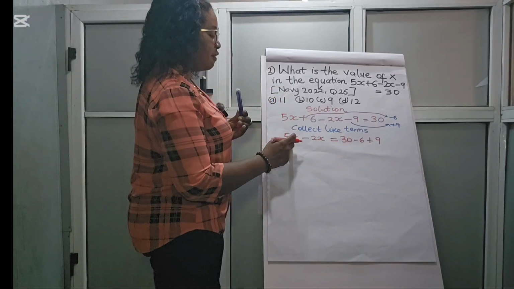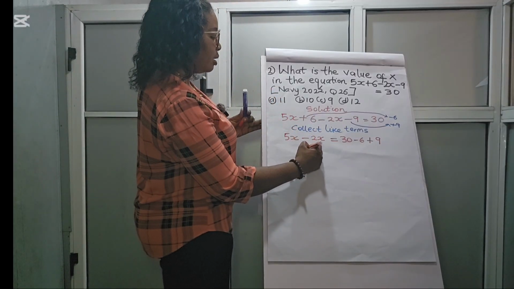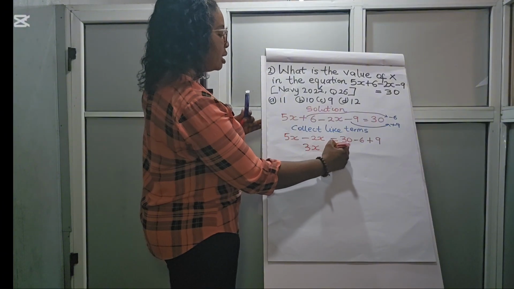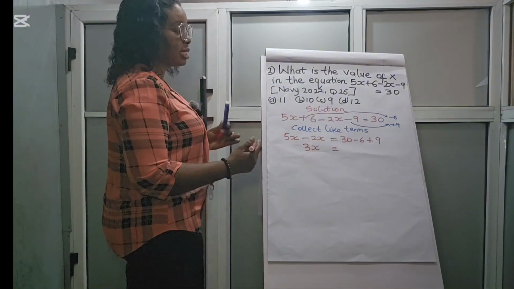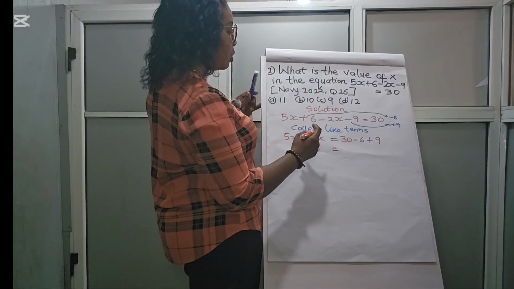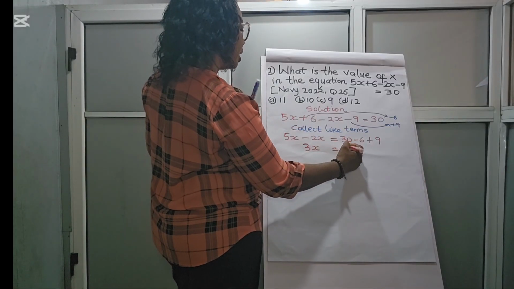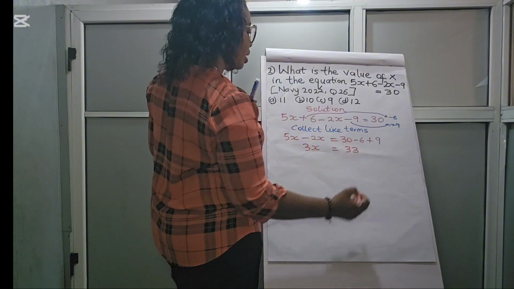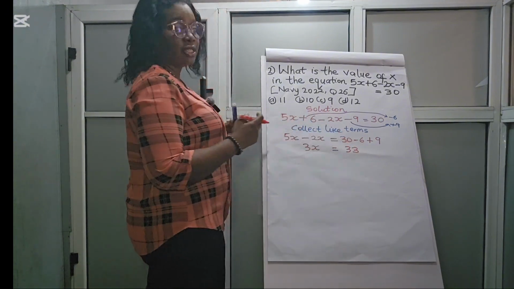We solve for that. 5x minus 2x is 3x. 30 minus 6 is 24, and 24 plus 9 is 33. So we have 3x equal to 33.